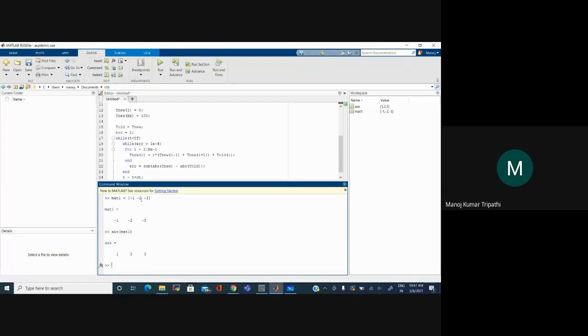This gives you 1, 2, 3, and then you say sum mat1. That is the sum of this matrix, -1 plus -2 plus -3. And if you do sum of absolute values of mat1, this gives you 6.